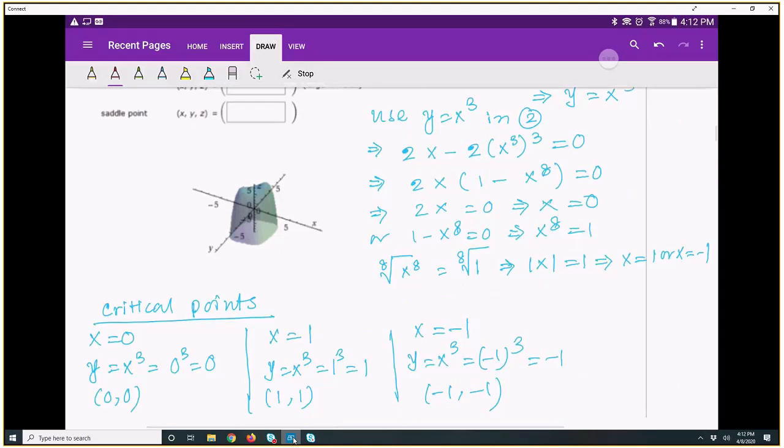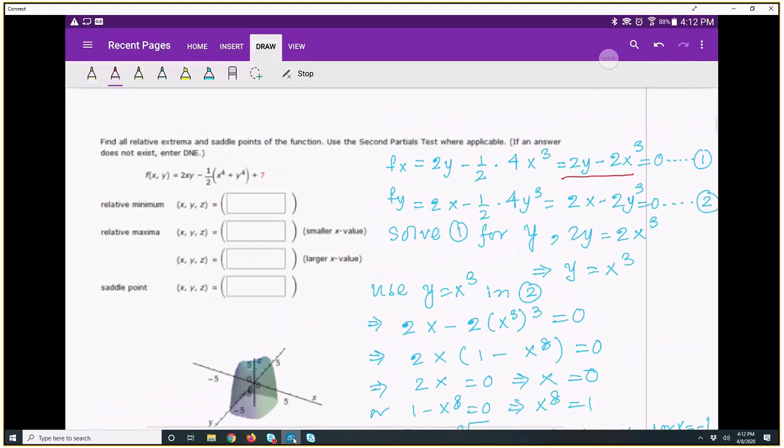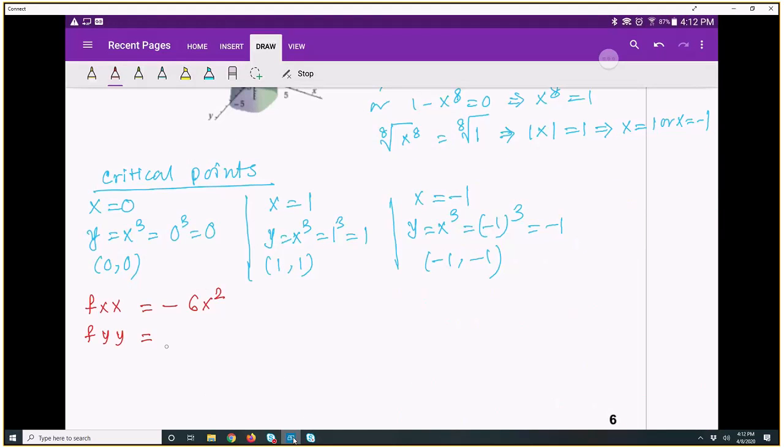So that's minus 6x squared. Similarly, fyy is going to be, so we'll go to fy and take the derivative with respect to y. So that will be minus 2 times 3 times y squared, and that's minus 6y squared.